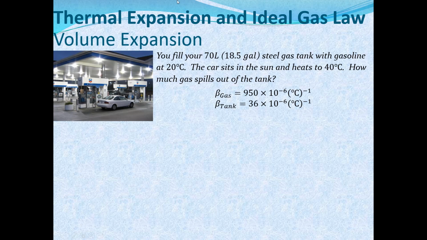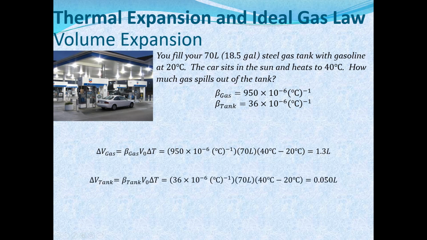All right. So what we want to figure out is how much each one is going to expand going from 20 to 40. The first one, the gas, will end up expanding about 1.3 liters. Now the tank is made up of a different material, and we can see that it only expands about 0.05 liters.